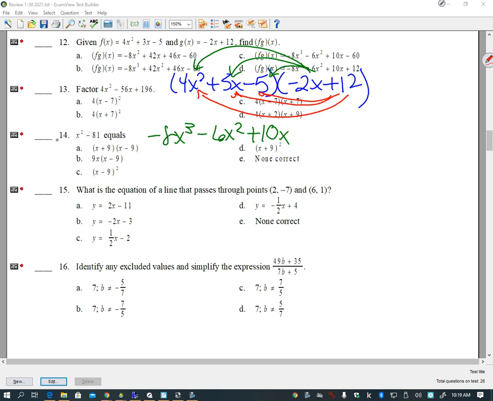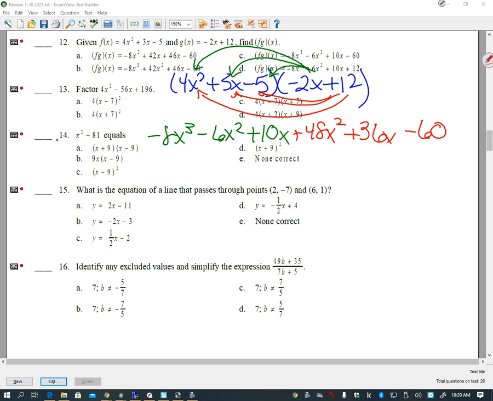So what is 12 times 4x squared? Positive 48x squared. Okay, 12 times 3x is plus 36x, and 12 times negative 5 is minus 60. All right, combine like terms.